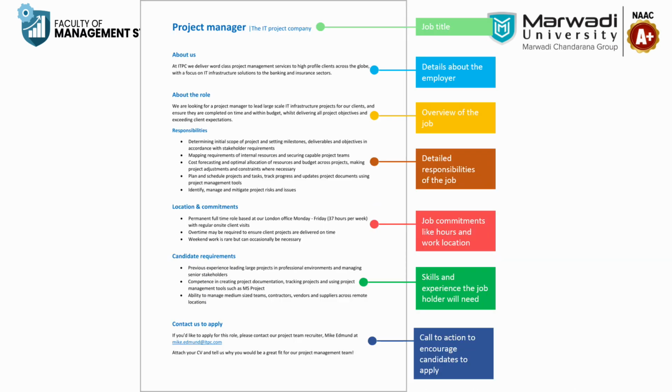Now, just as we saw some examples of description, let's see some of specification. So mostly they are not shown separately, but in companies they are always shown together, description and specification. Like here there is a project manager; look at the responsibilities, look at the location, look at the candidate requirements. Now this candidate requirement part, that is specification.